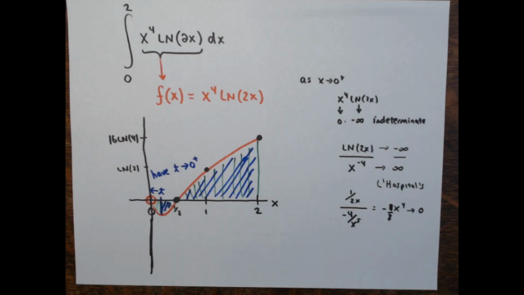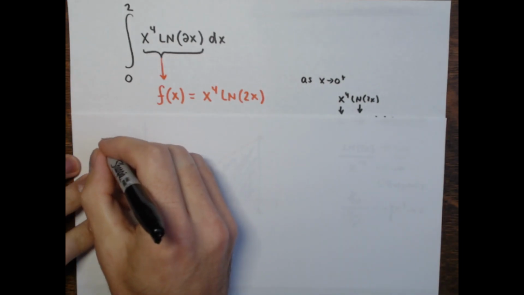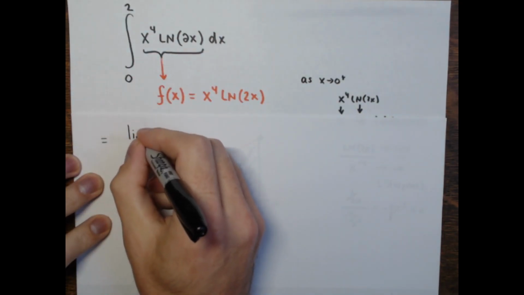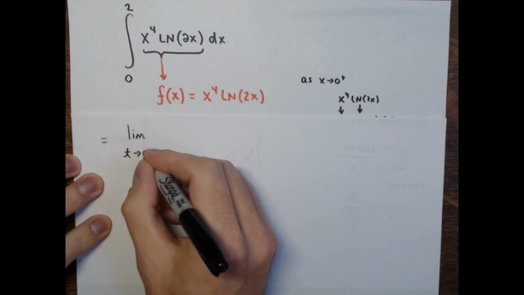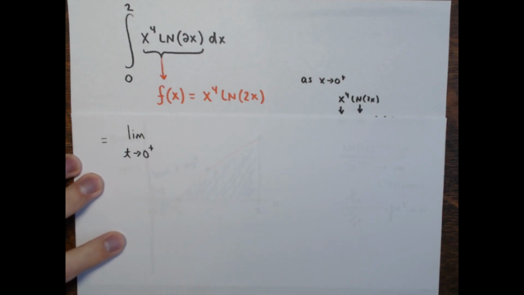All right, so I'm going to write that on the next page here. So what we have now is this integral we were given is the limit as, I'm going to replace 0 with t and have t approach 0 from the right. So we're plugging in little tiny positive values for t.